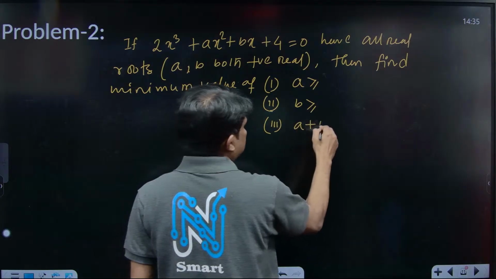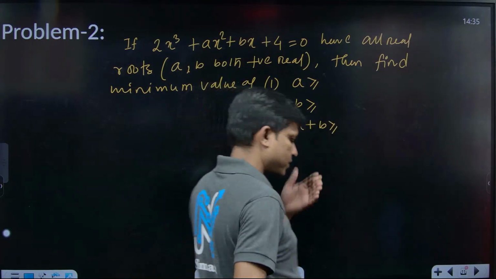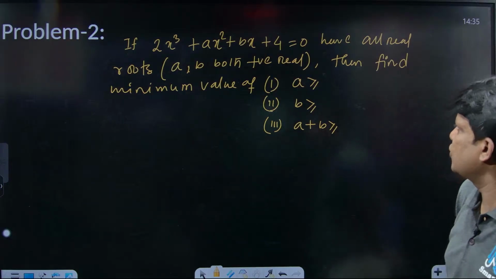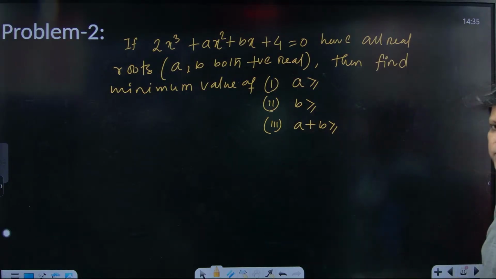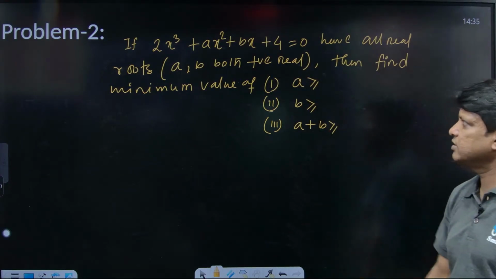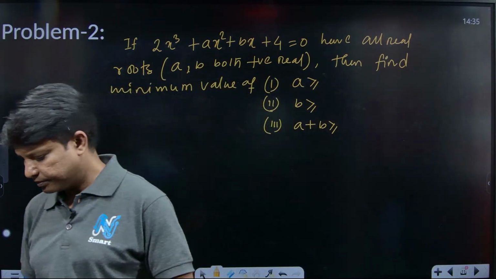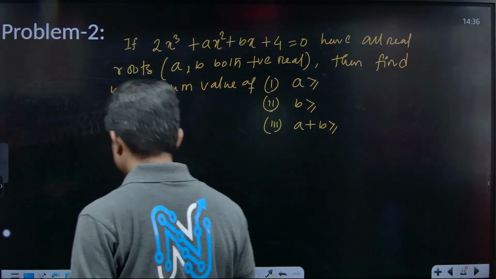The expression is 2x cube plus ax square plus bx plus 4. I think the question is clear. It is a 3-degree polynomial. Yes, done.